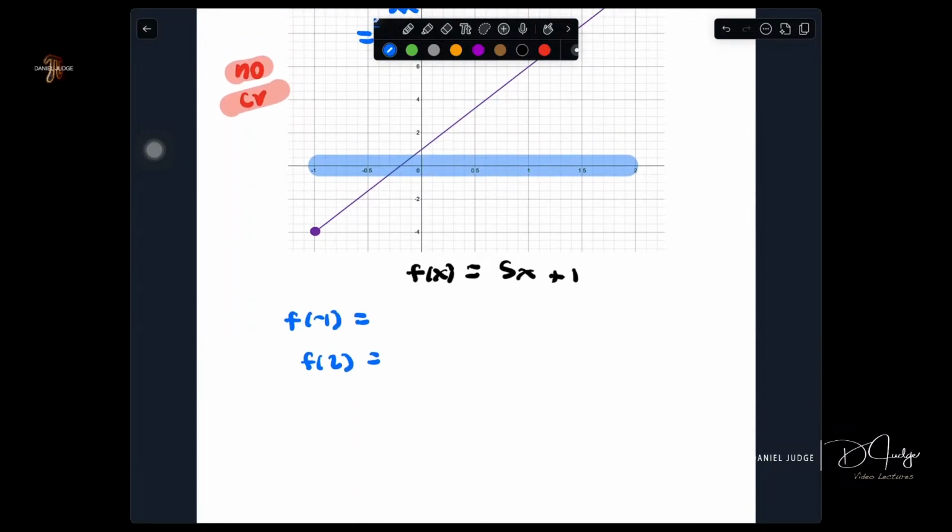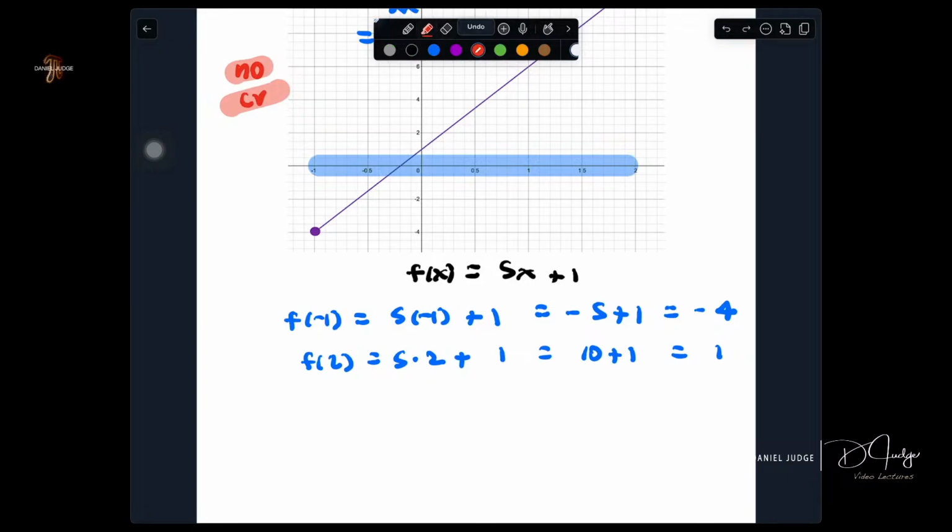So simply plug in -1. We get -5 plus 1, which equals -4. Plug in 2 now, and you get 10 plus 1, which is 11. So just evaluate the function at the endpoints by the closed interval method.